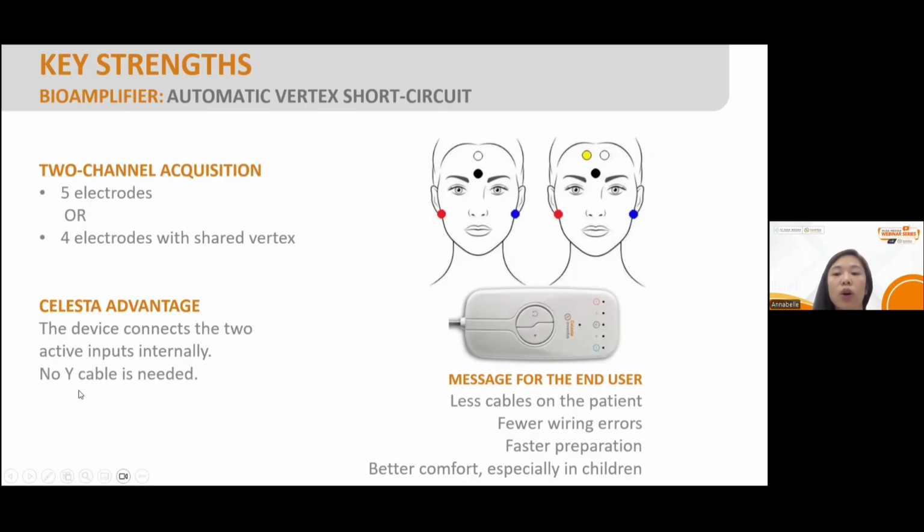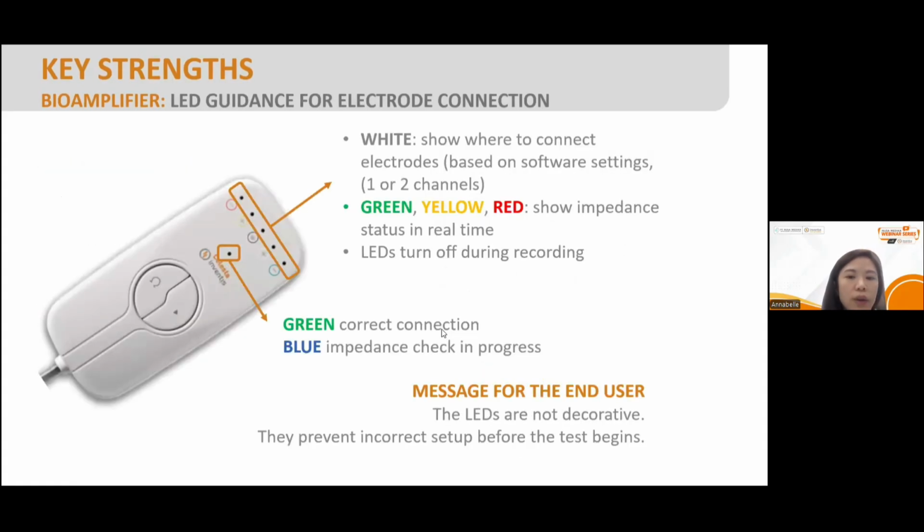Okay, just now we talked about not waking the child up. And also we no longer use the white cable. Much more helpful. Good enough. Okay, so just now we talked about the LED lights: green for correct connection, and then yellow, the impedance is a little bit high, and red is not good.